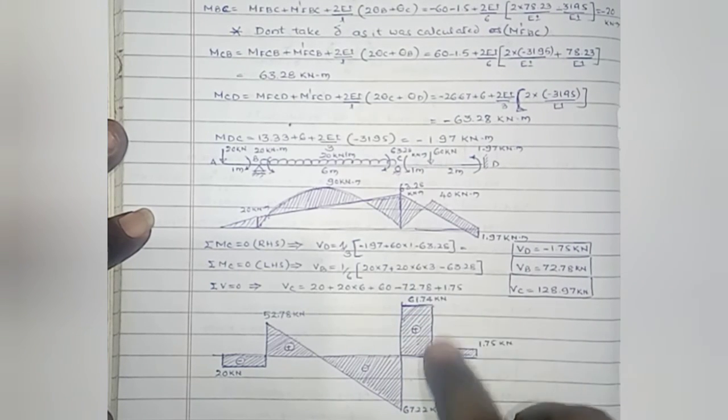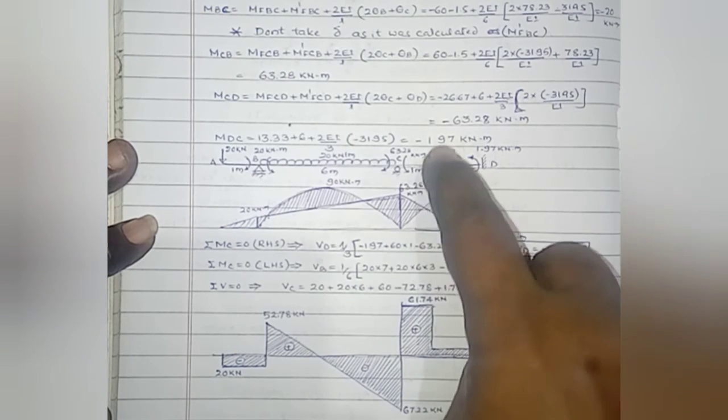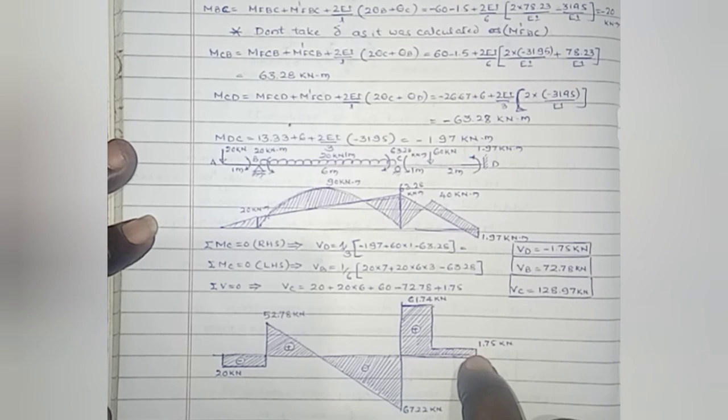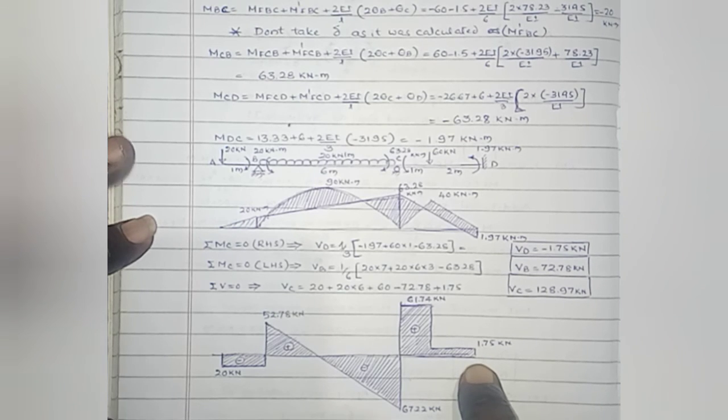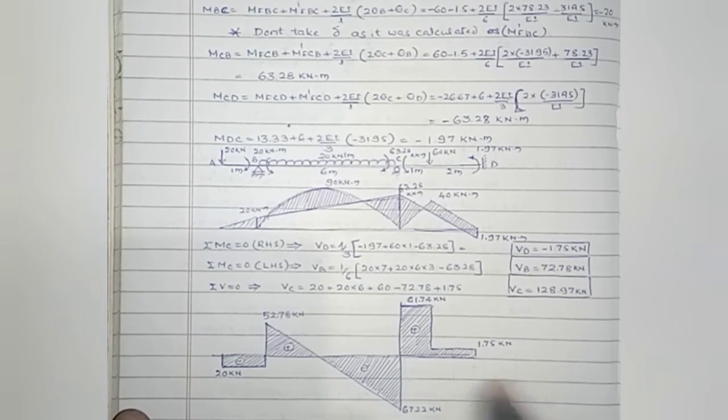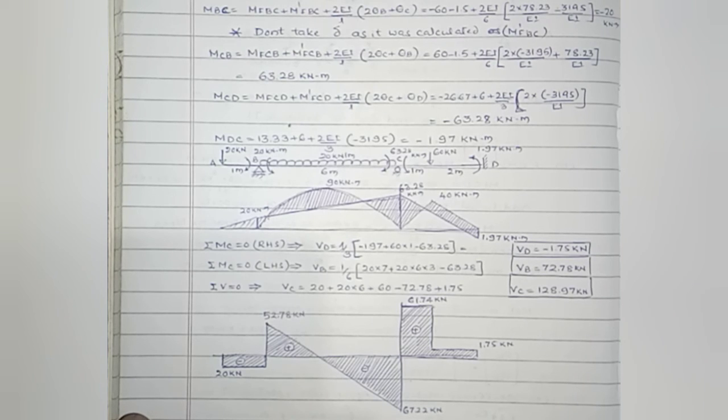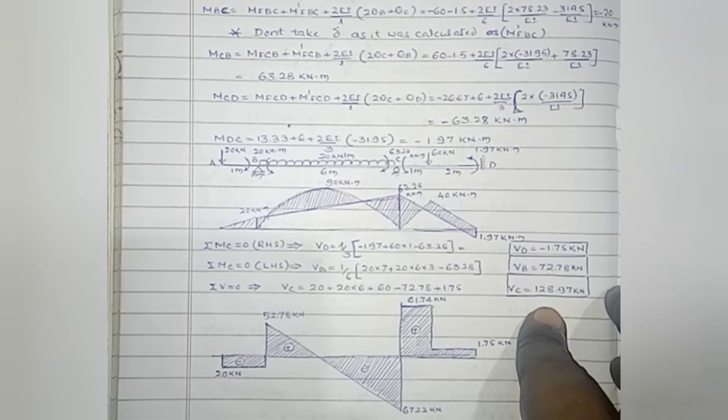Then because of this point load, that becomes minus 1.75, minus 1.75 from this point to this point. And then again at D, because of the support reaction, that one is acting in downward direction, hence this becomes 0. Here this is the variation of the shear force from A to D. We will continue in the next video.